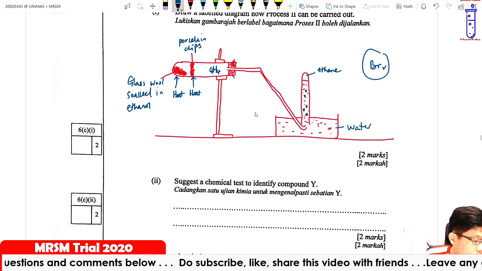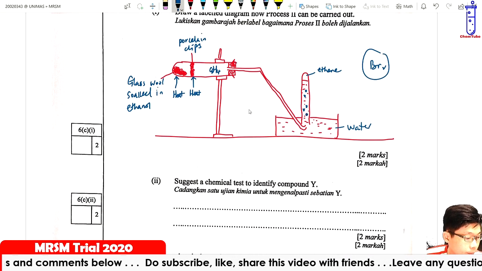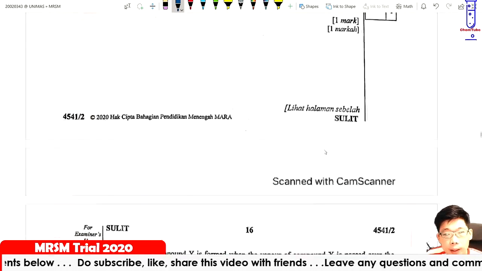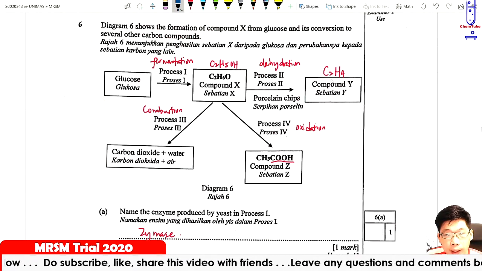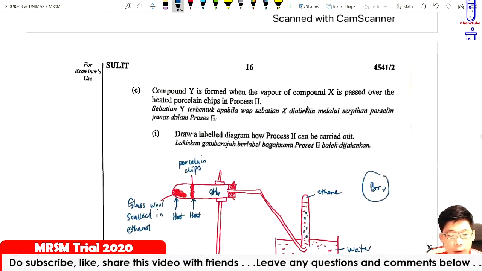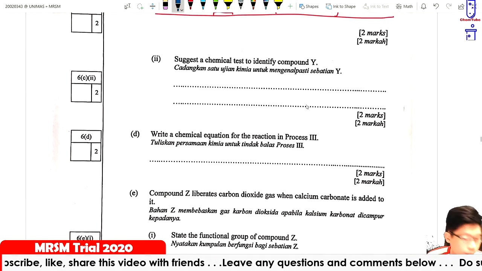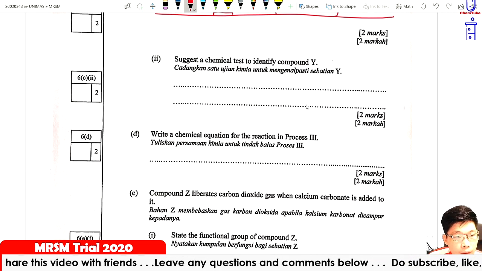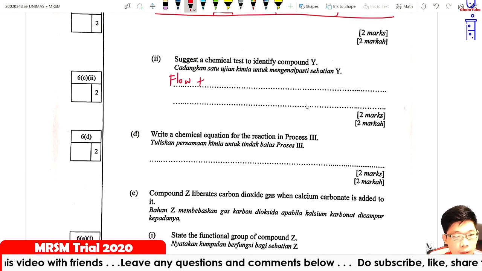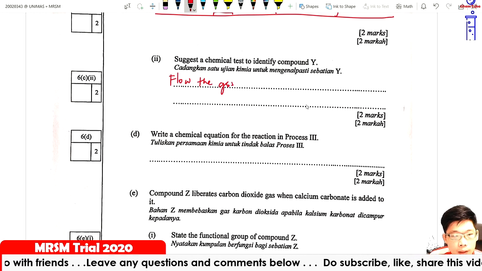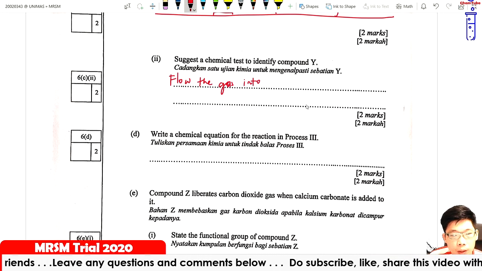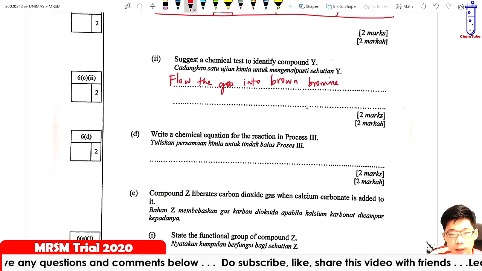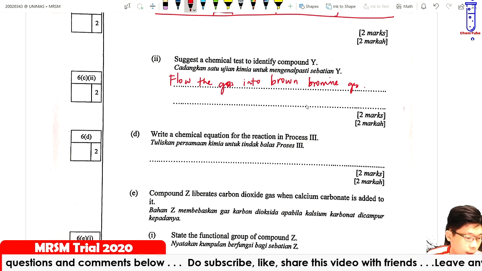So compound Y, meaning that it is ethene gas. So ethene gas, how do we test it? We can flow the gas into brown bromine water.